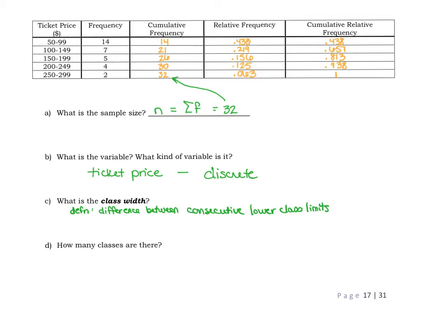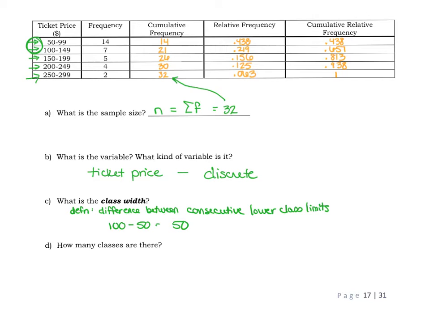By the way, each of these categories here are all classes. And so the difference between consecutive, so 2 in a row, lower class limits. Pick any 2 you want. I'm going to pick the first 2 just for fun. That would be 100 minus 50, and you will get a class width of 50. And you'll find that for any of them. Not anything terribly difficult, but you might want to write it down so you've got it for later.